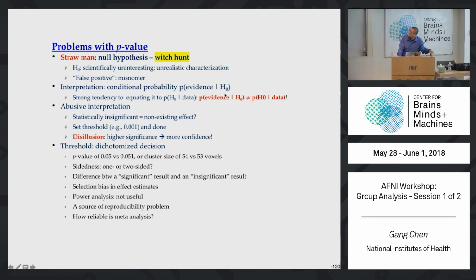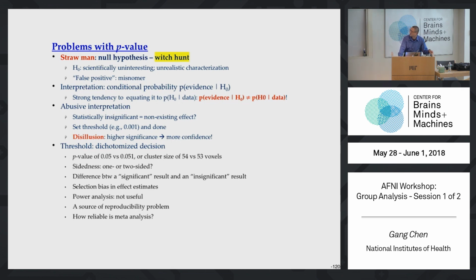People's minds may think the p-value is, given my data, the likelihood that nothing is going on in the brain. No, it's not. The real p-value is: you pretend nothing is going on, what's the chance you would get the current data?